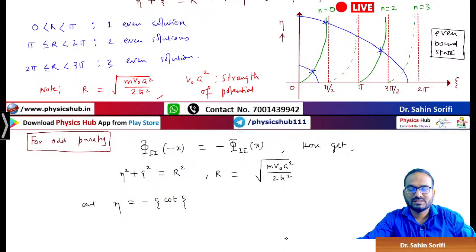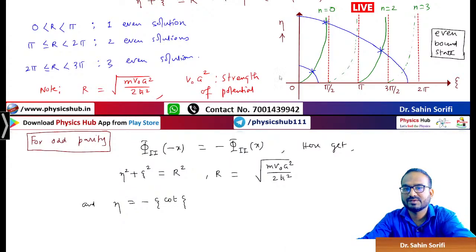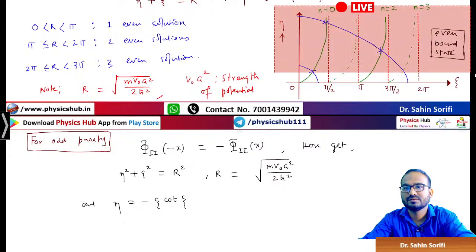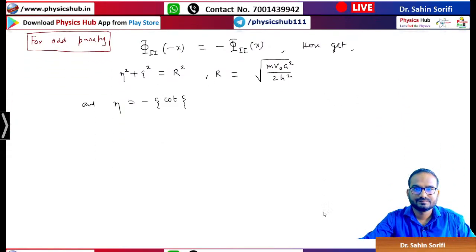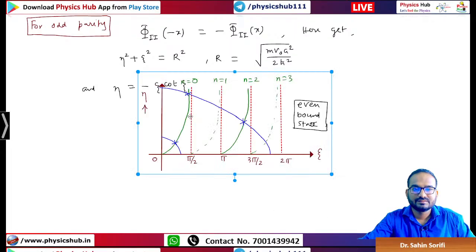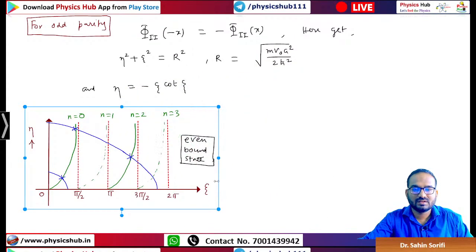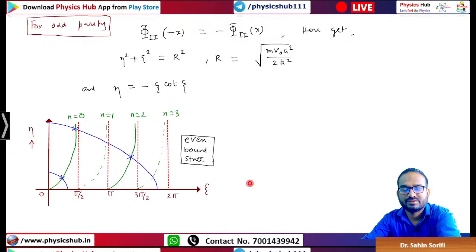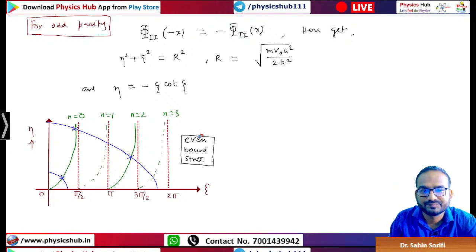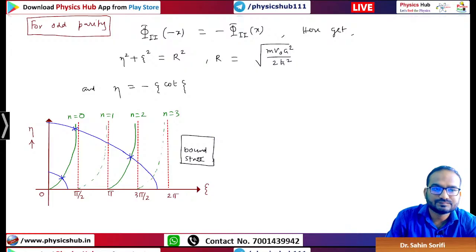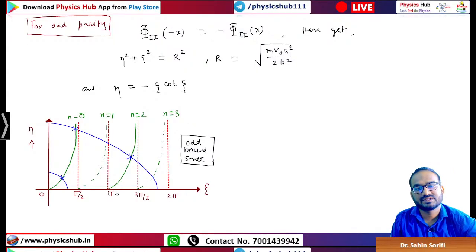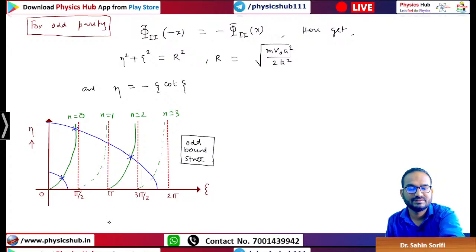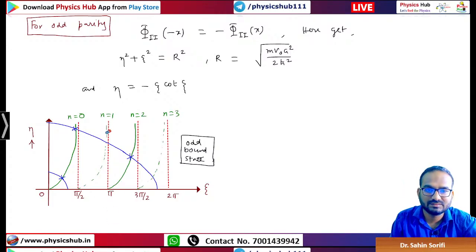So let's just copy paste this image. We are only interested in knowing the even and odd bound states. So I am doing it now for the odd bound state. For the odd bound state, which one will we be considering? n is equal to 1 and n equal to 3.